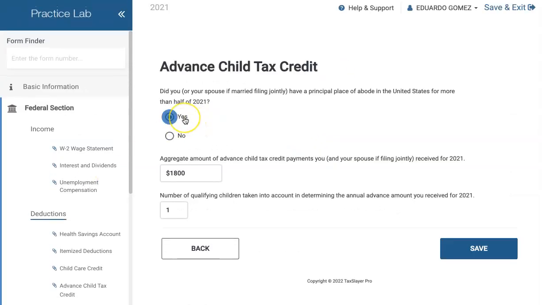And this is critical. You want to say yes, assuming that it's true, because if you don't click yes here, the advanced child tax credit is capped at $2,000, which is the 2020 maximum. So that's $1,800, the 900 plus 900, one child. So that takes care of the advanced child tax credit entries.